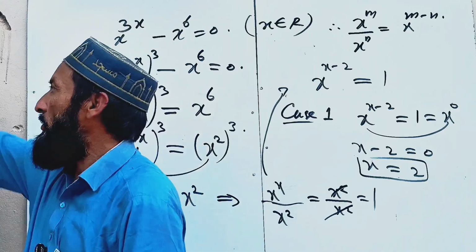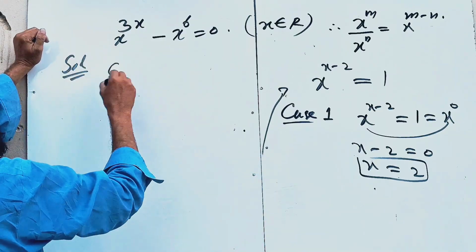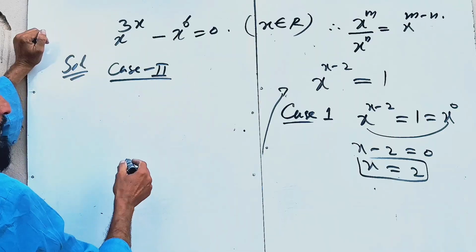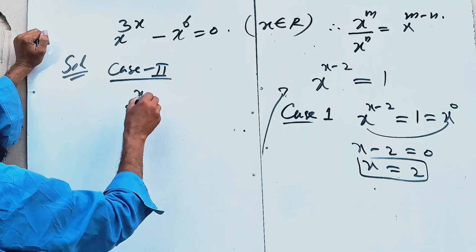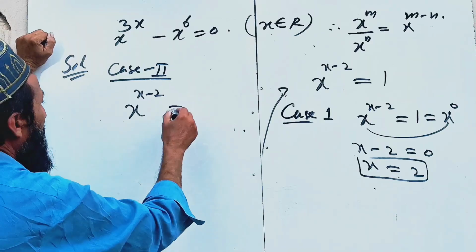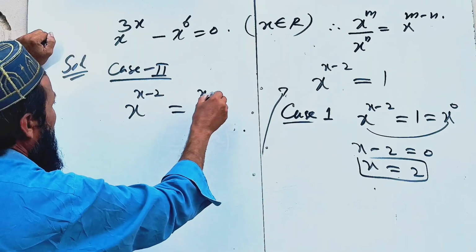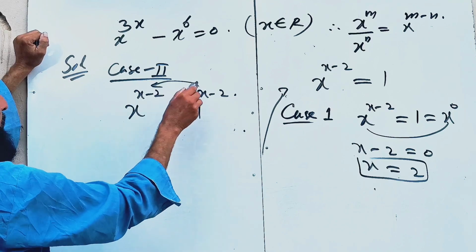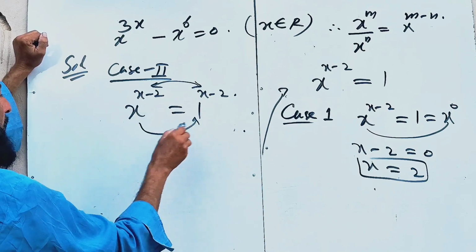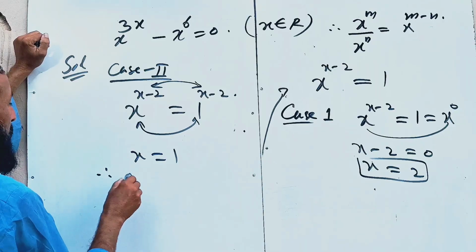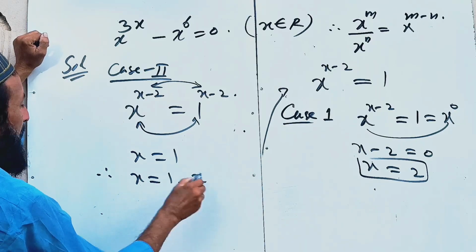Now for case number two, if x^(x-2) is equal to 1, we can write 1 as 1^(x-2). Now the powers are the same, so we compare the bases and x is equal to 1. So here we get two solutions, x is equal to 1 and 2.